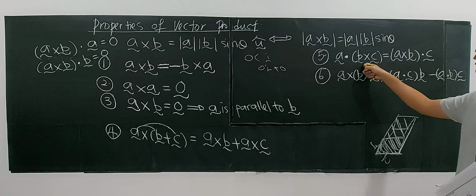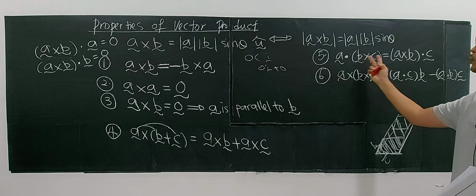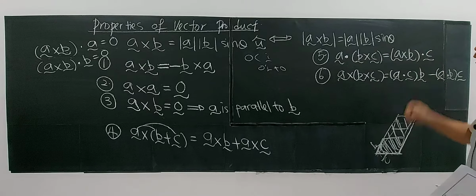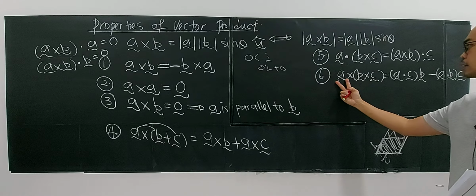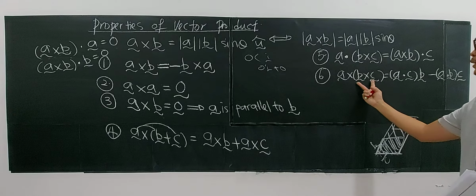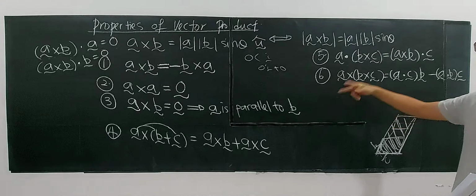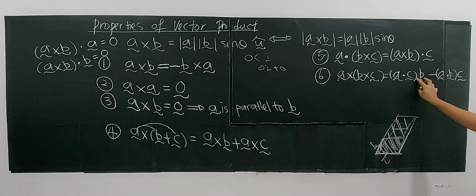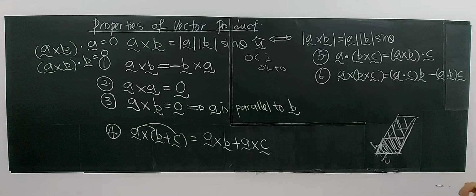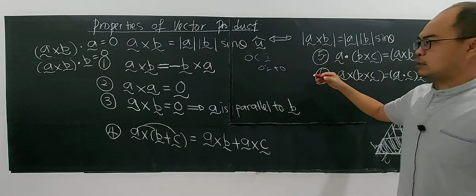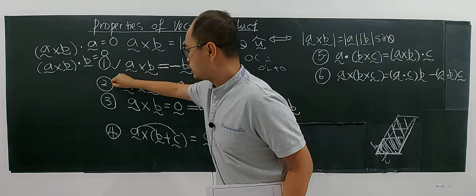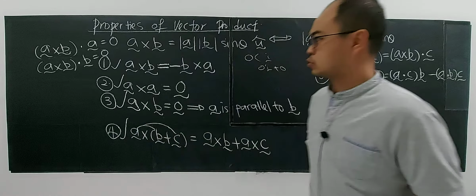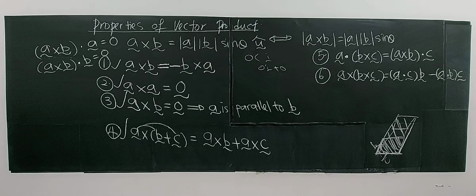A dot C is a scalar quantity, because a vector dot with another vector gives a scalar. B cross C also produces a vector, and a vector cross with a vector gives a vector quantity. That's why the scalar quantity has to multiply with the vector quantity, right?